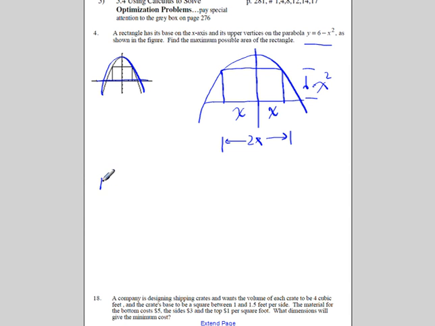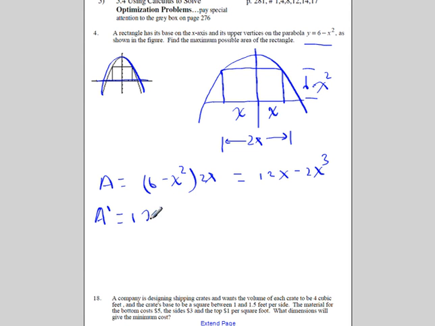So the total area equals (6 minus x squared) times 2x, which if we distribute becomes 12x minus 2x cubed. If we want to find the max area, we're going to find the derivative and set the derivative equal to 0.